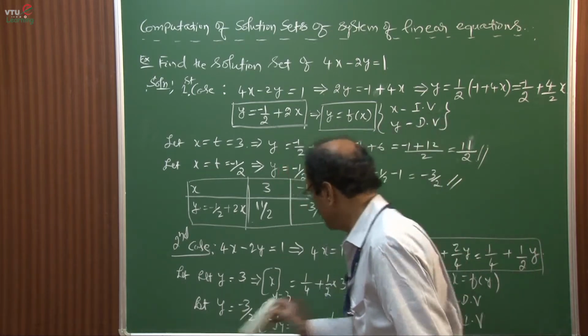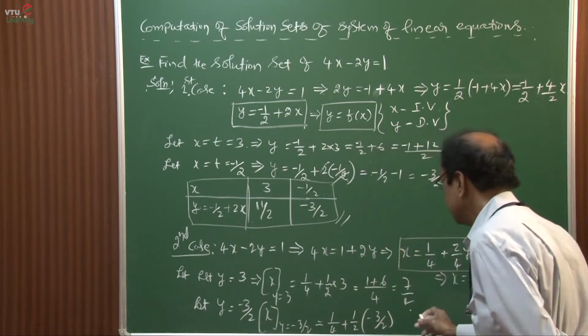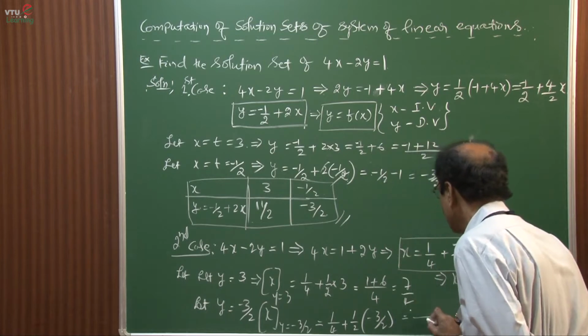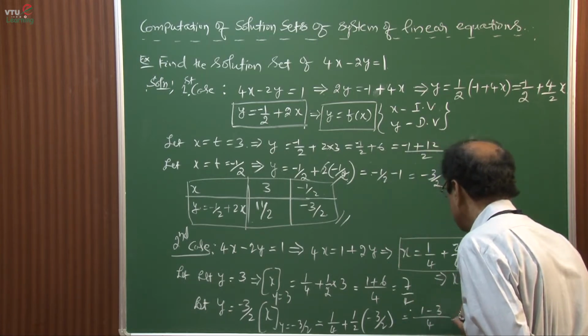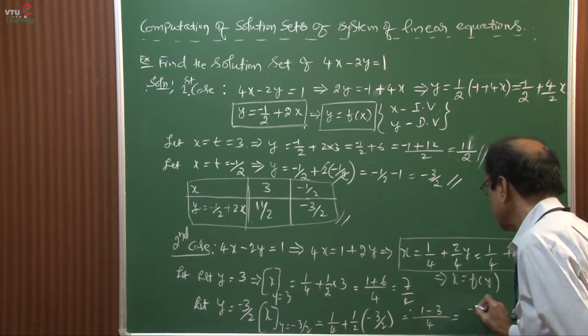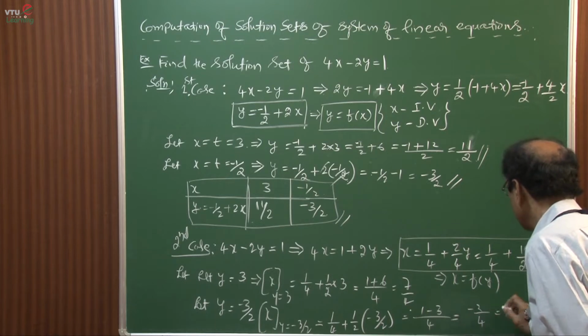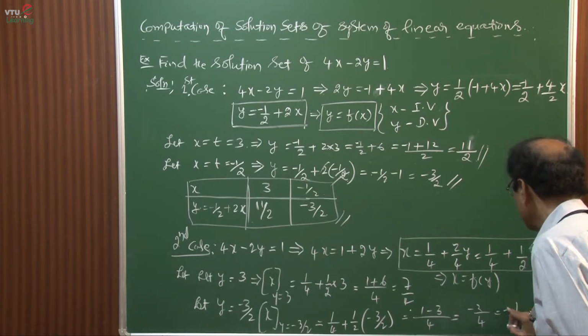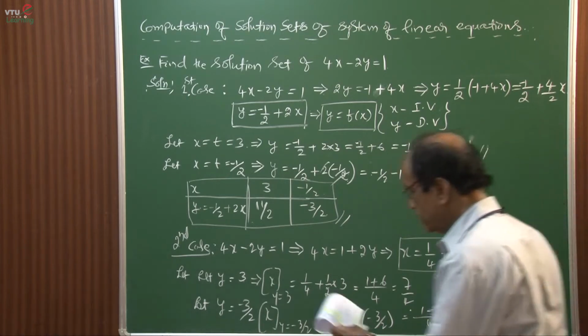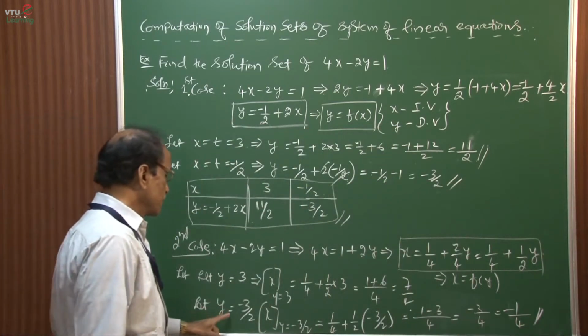Then the LCM is 4, and 1 minus 3 means that is minus 2 divided by 4, that is equal to minus 1 by 4. Minus 1 by 4 is the final answer for the substitution of y is equal to minus 3 by 2.